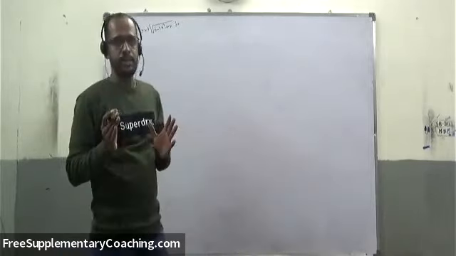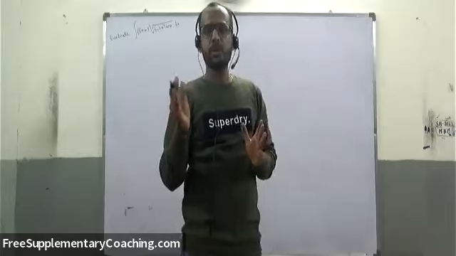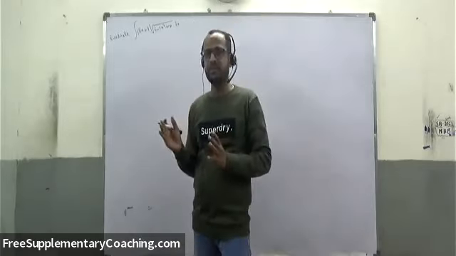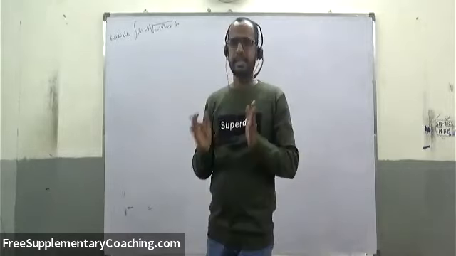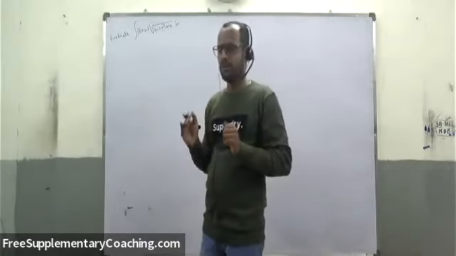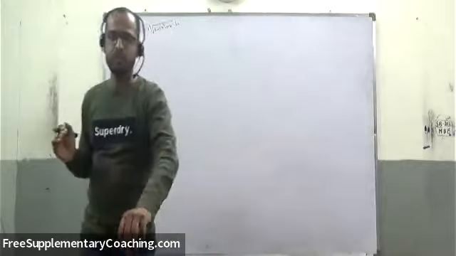Evaluate the integral of 6x plus 5 over root of 6 minus 2x square plus x, into dx. This is our problem. Now look at how we have to solve it.